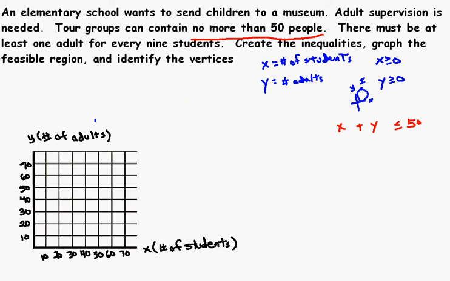If I were to draw a t-table, with this being X and this being Y, the minimum amount of adults, if I have 9 kids, is at least 1 adult. If I have 18 kids, I must have at least 2 adults.